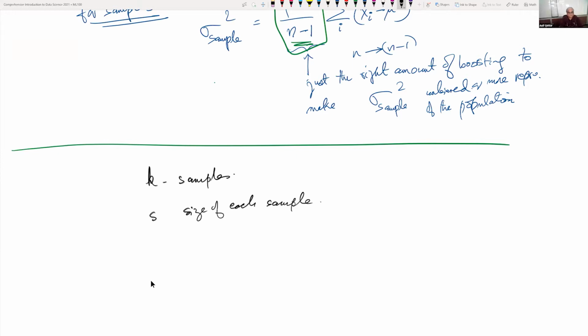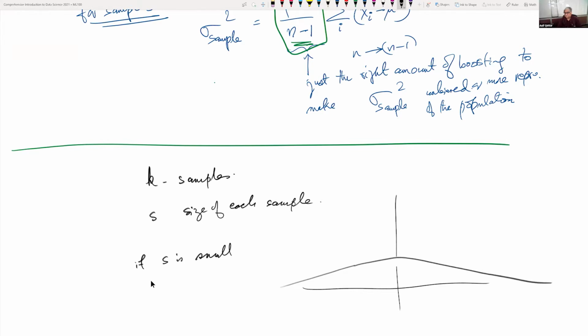So if S is small, you get a curve that is very gentle. You see, you get a bell curve. By the way, the lower thing is not a curve. It's supposed to be the x-axis. I apologize. Is that a reasonable approximation to a straight line? Yes, looks good. X-axis.